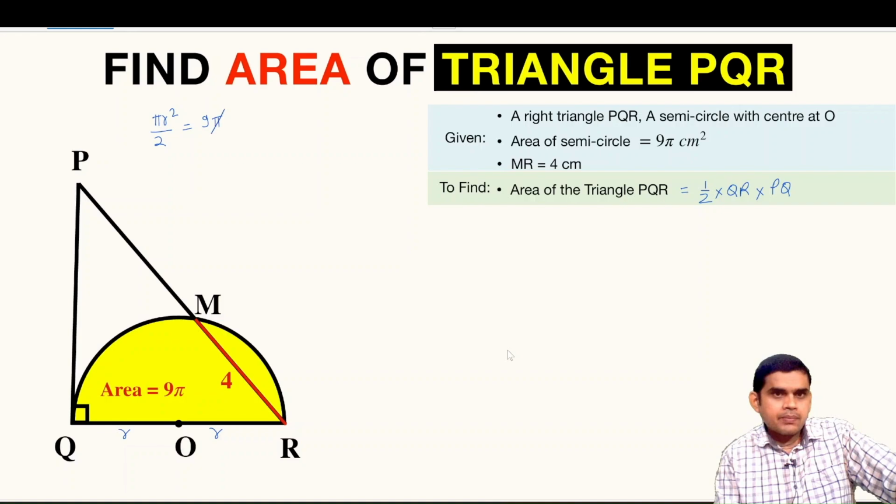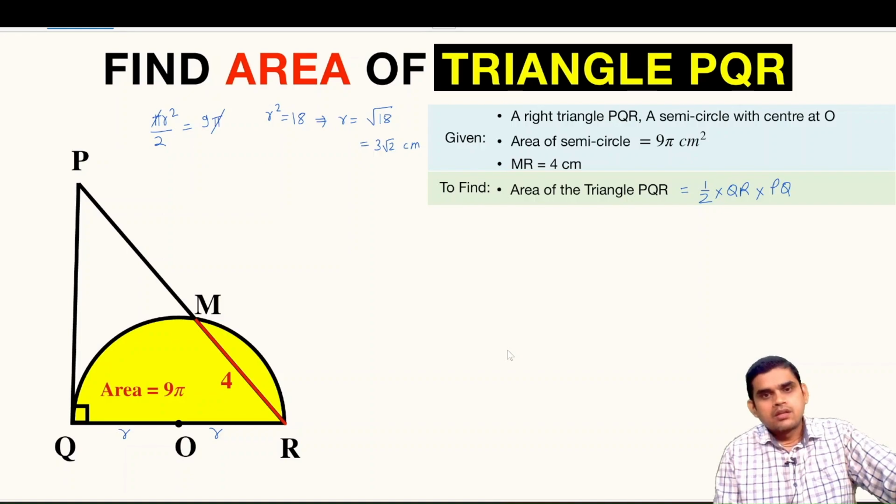So we can cancel pi, and from here we'll get r square is equal to 18 and r is equal to square root of 18, which is equal to 3 root 2. Okay, and the unit is centimeters. So we have found the length of r.